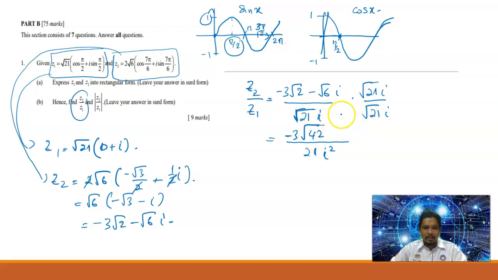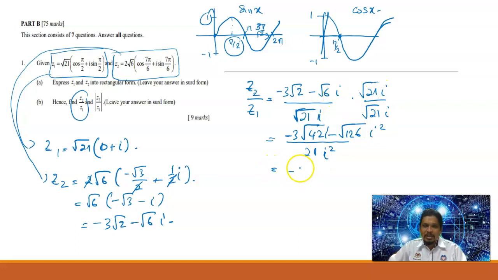And then negative square root of 6 times 21, which is, okay, square root of 6 times square root of 21, 1 times 6 equals 6, and 6 times 2 equals 12i. With this one, we have i, and i with i squared.